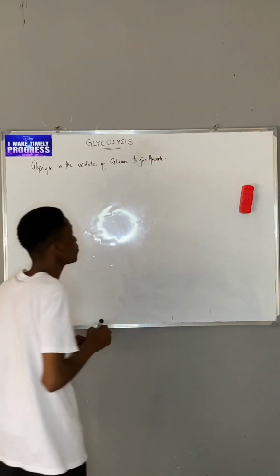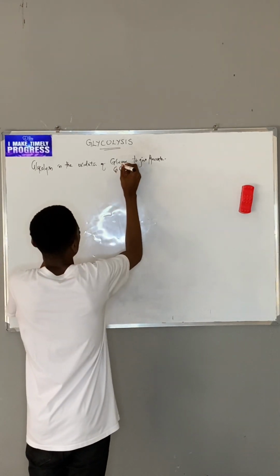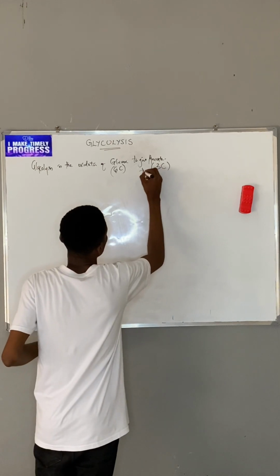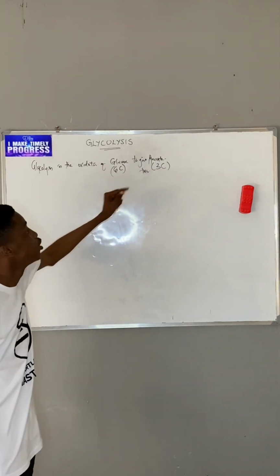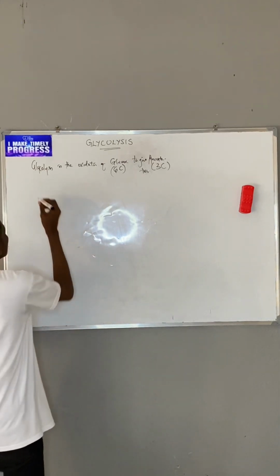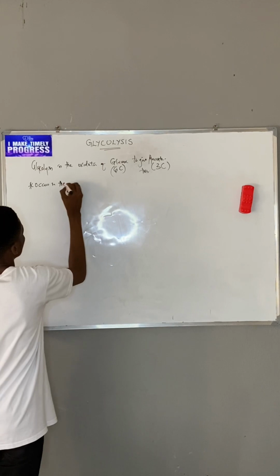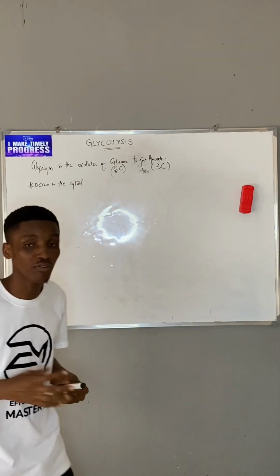Now it's as fine and simple as that looks. This guy is a 6-carbon sugar, and it's giving us 3-carbon. That means for me to have 3-carbon, there must have been 2 of them, and we established there's a split. So glycolysis occurs in the cytosol, that is the cytoplasm, the fluid of the cytoplasm.